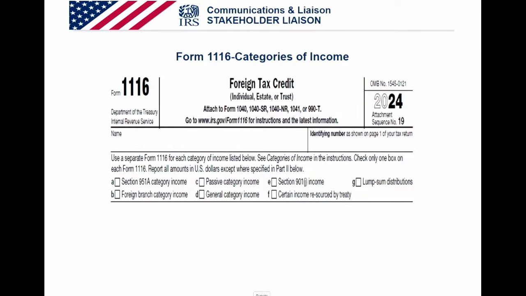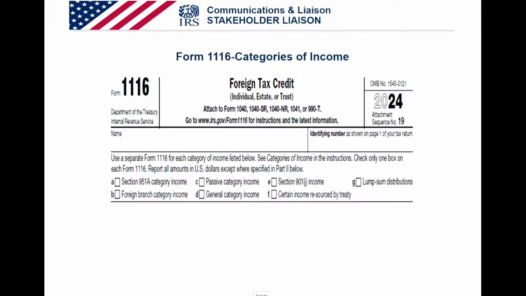Some examples of general include wages and other compensation earned abroad, business income from active operations, rental income from foreign real estate if actively managed, royalties from active businesses, and service income, such as consulting income. In effect, it's a general catch-all category.